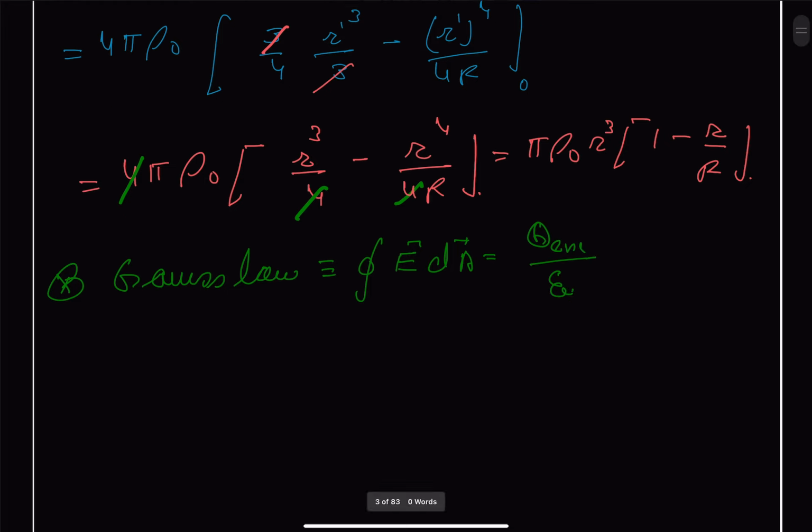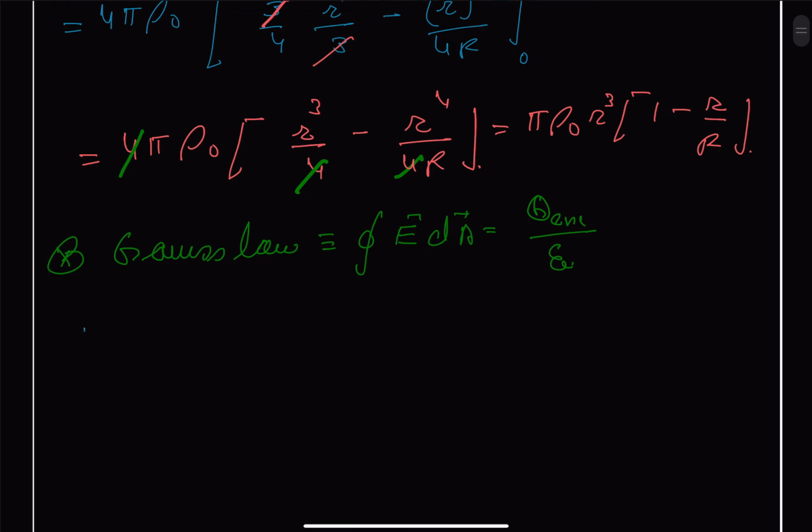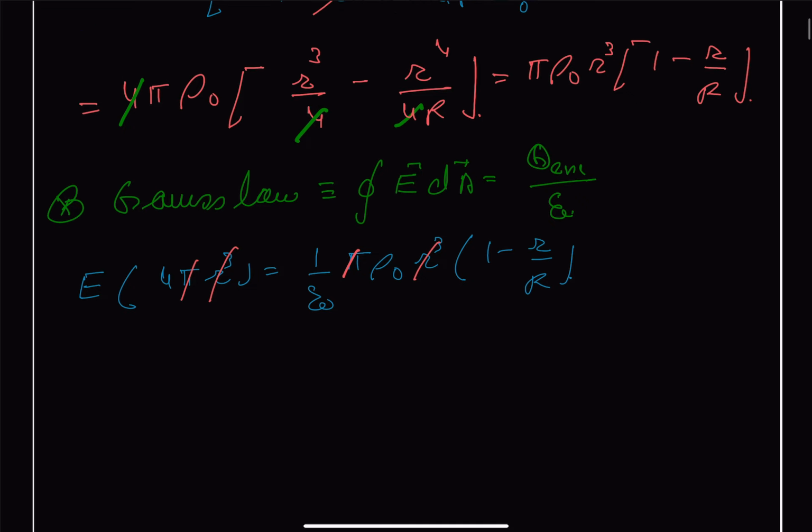Area comes as 4 pi r square, and Q enclosed is 1 upon epsilon naught times pi rho naught r cube times 1 minus small r divided by capital R. Here pi and pi go away, and we get our electric field equal to rho naught, sorry, one second, r square. Yes, it's r square, not r cube.